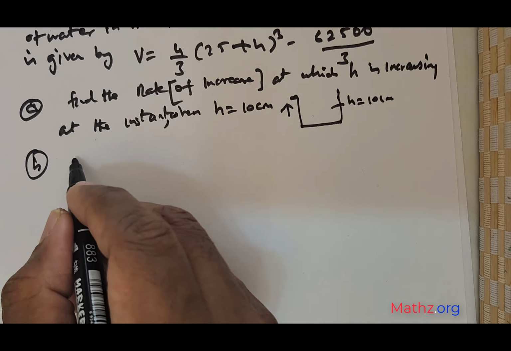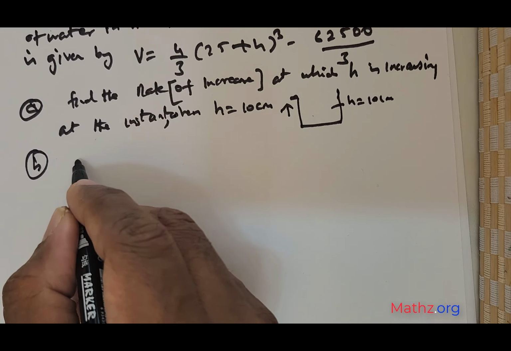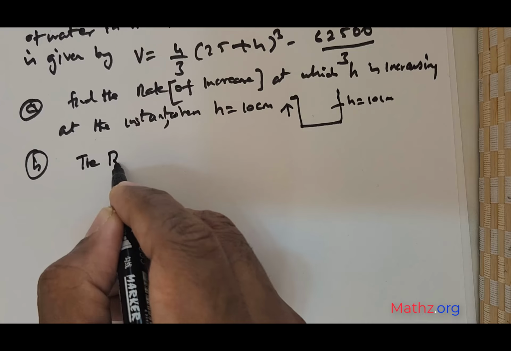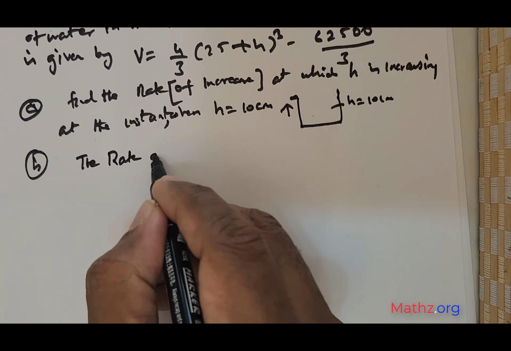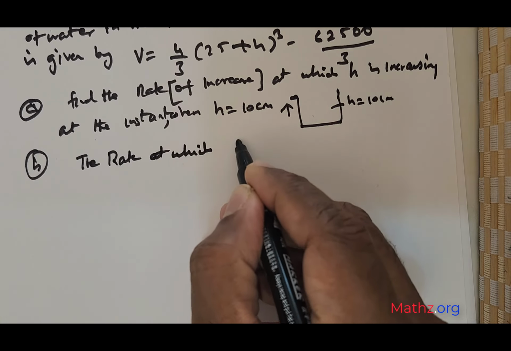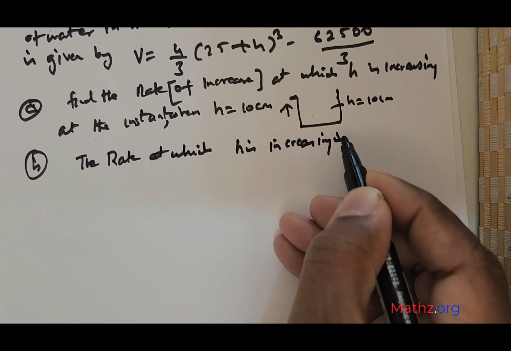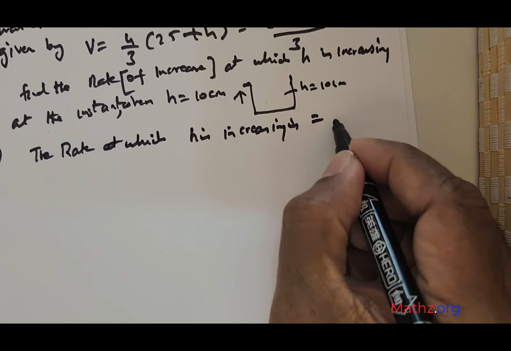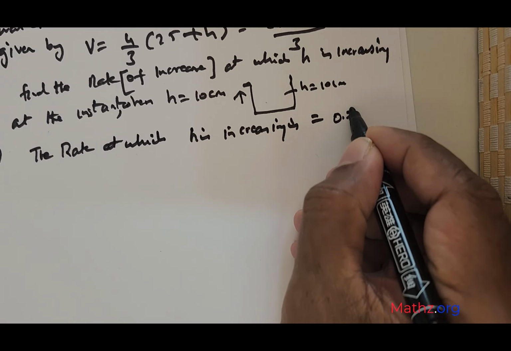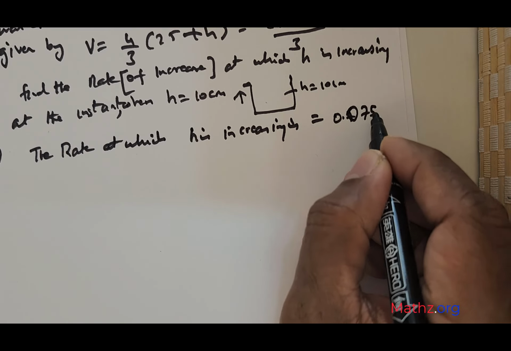Part B is at another instant the rate at which h is increasing is given to be as 0.075 per second.